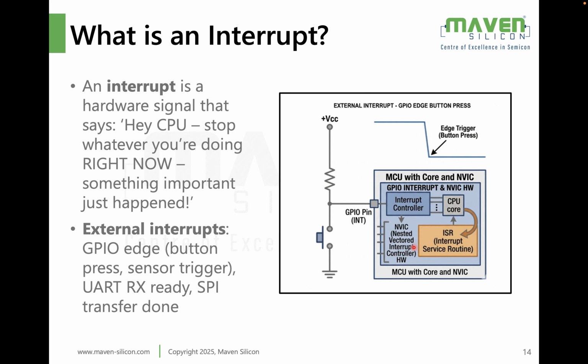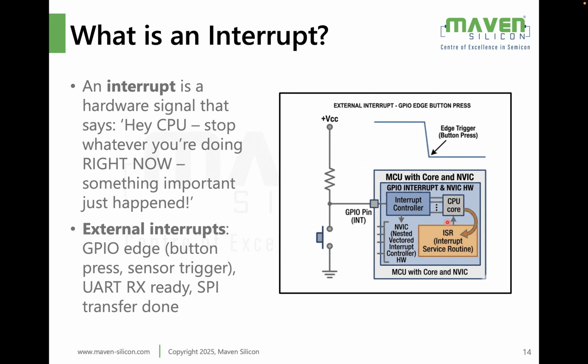to the NVIC block. Now you might be wondering what is NVIC. It stands for Nested Vectored Interrupt Controller. This hardware is going to receive the interrupt request from the external interrupt controller, and it is going to send the interrupt request number, called the IRQ, to the CPU core and signal the CPU core to pause the current execution.